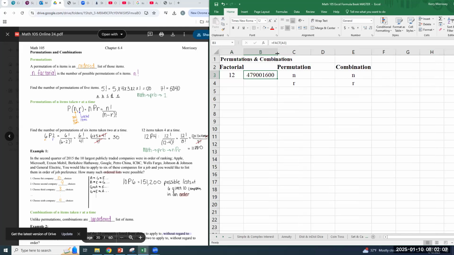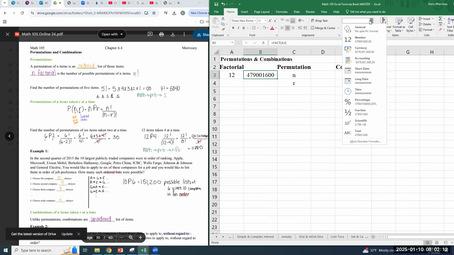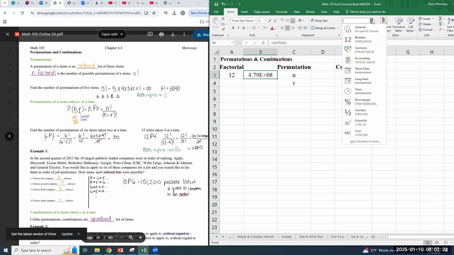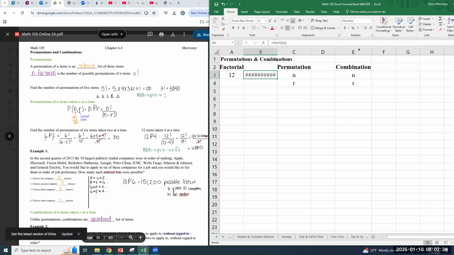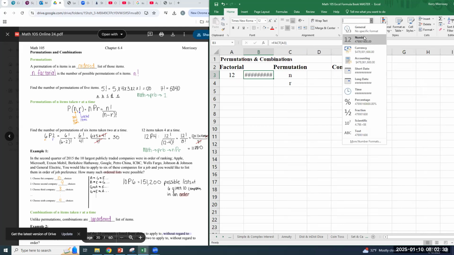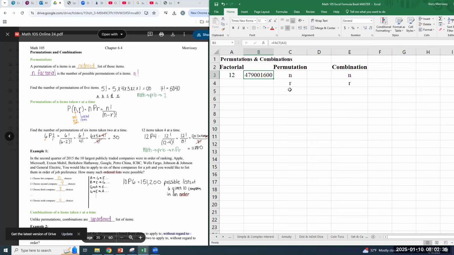So I'll snap it back here. You can always orient your number the way you'd like. If you wanted three significant figures, you can in scientific, or if you wanted just a number, sometimes when it flashes up, the cell is too small. I'm going to snap it back to general, non-specific. So that one is okay.